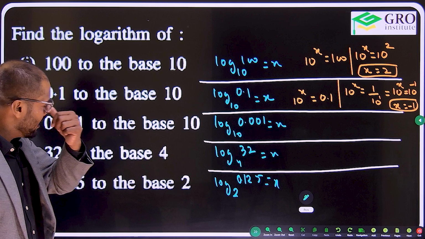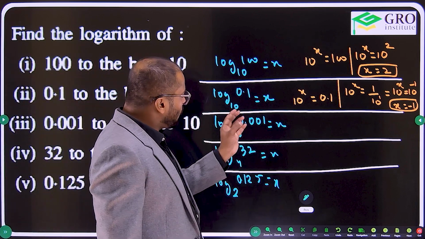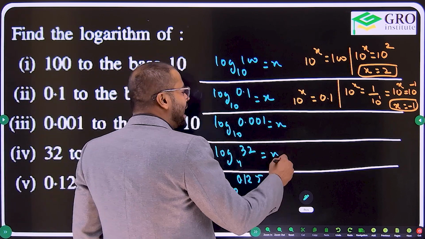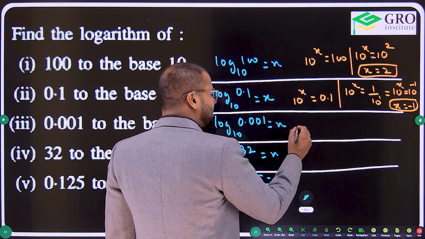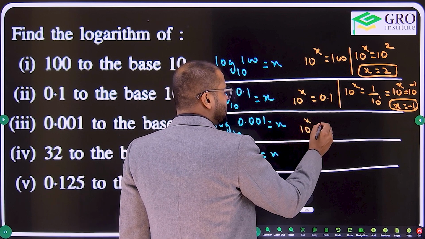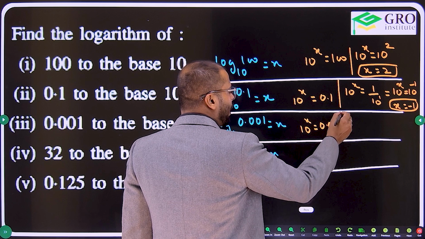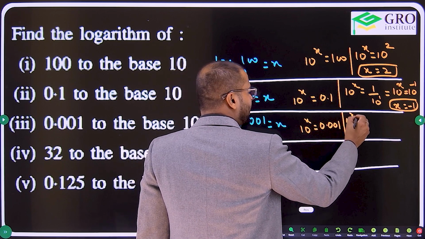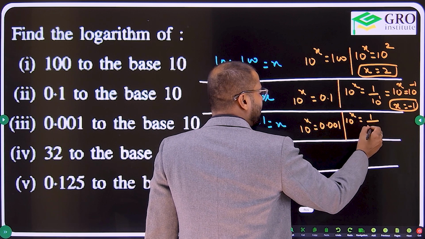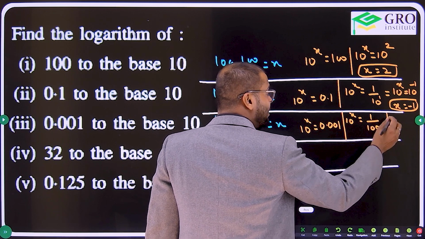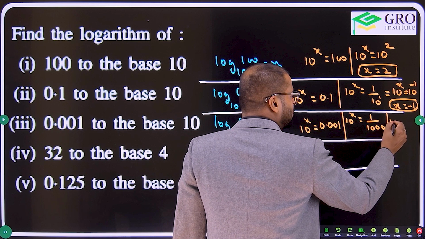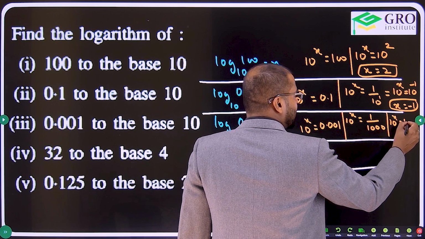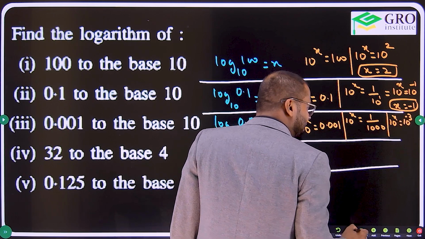Now moving ahead, we have log of 0.001. Let us write this in exponential form. Base remains base again, and it is 0.001. Now this will be written as 10 to the power x is equal to 1 by 1000, and it is written as 10 to the power x is equal to 10 to the power minus 3, right?